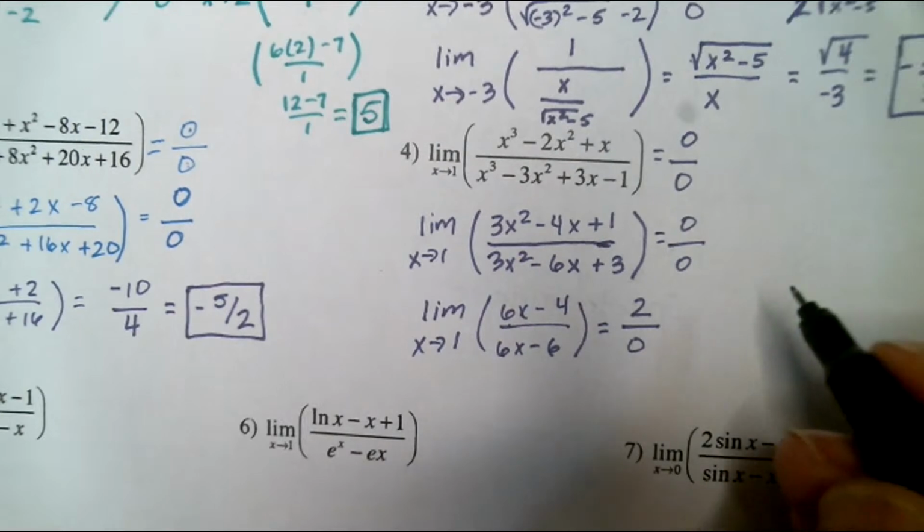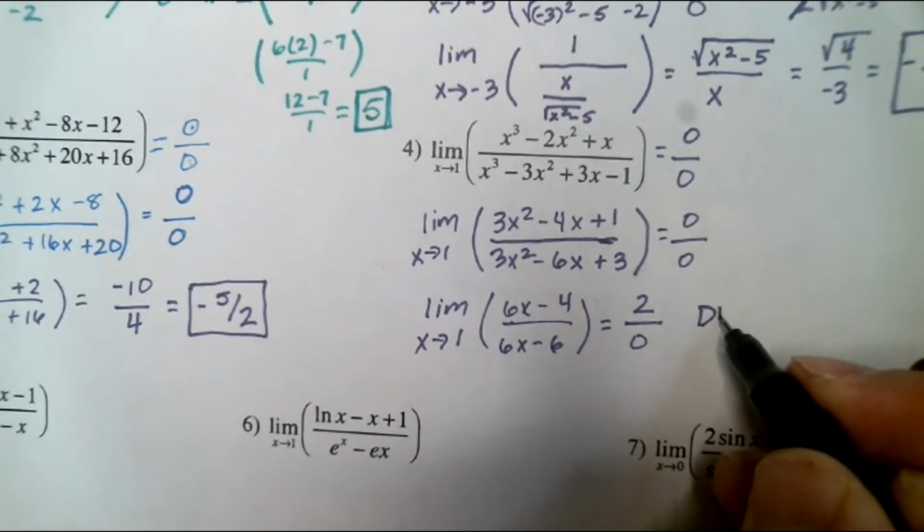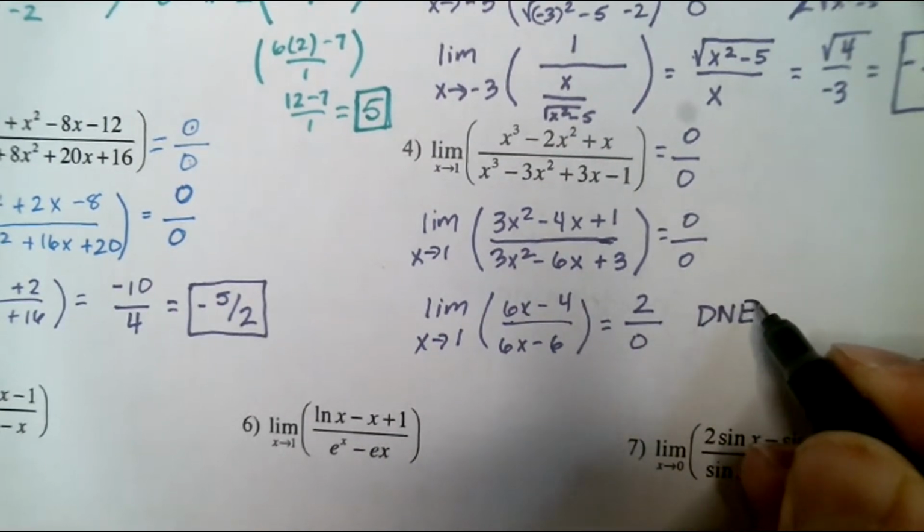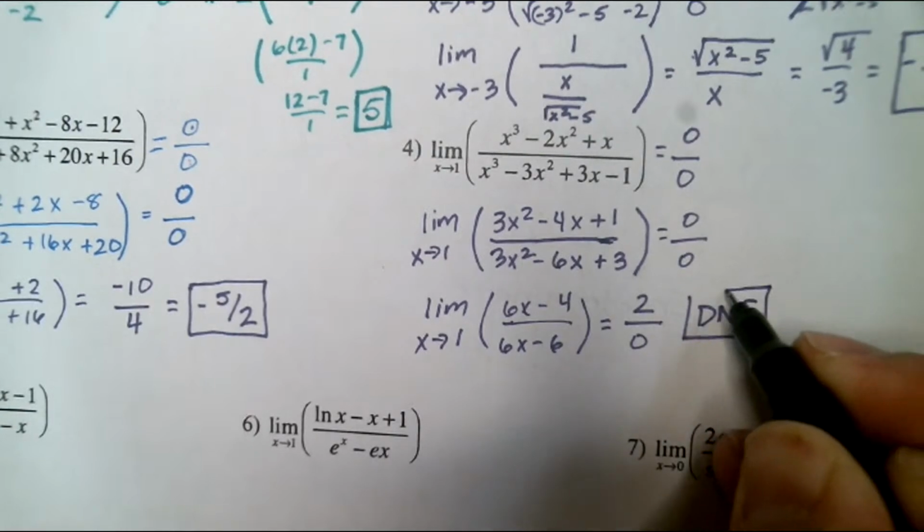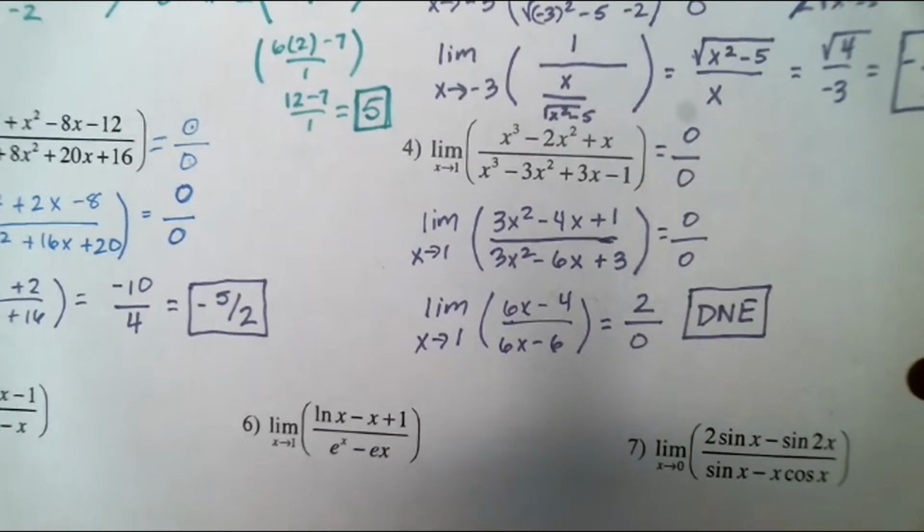And that would mean that this limit does not exist, because 0 is in the denominator.